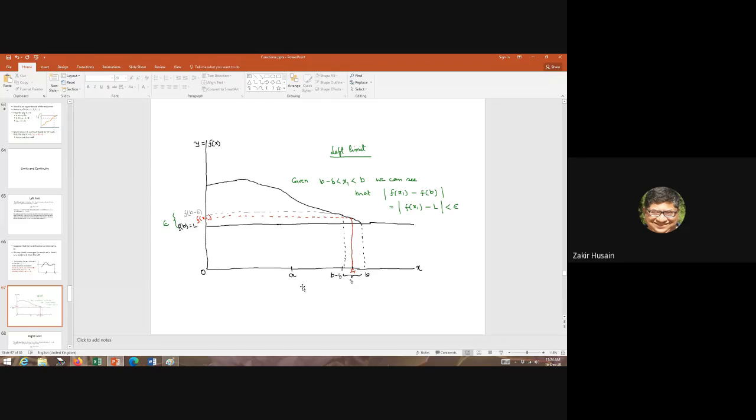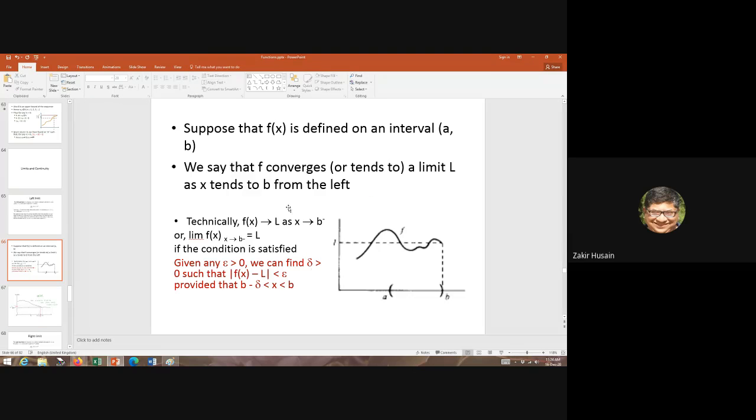So that means this condition is satisfied.